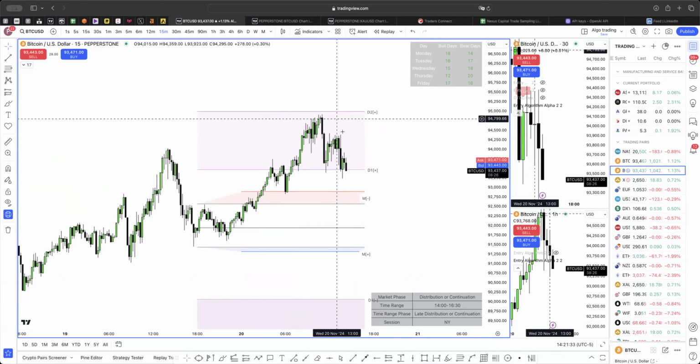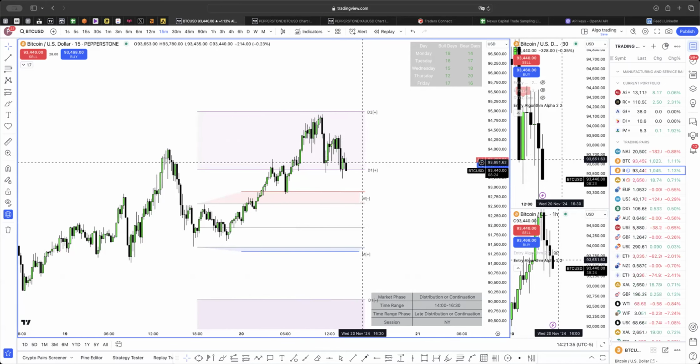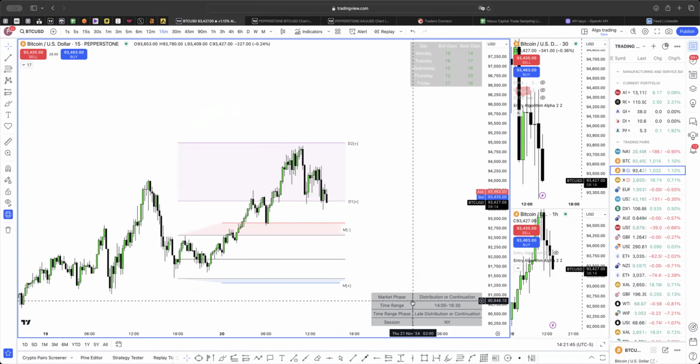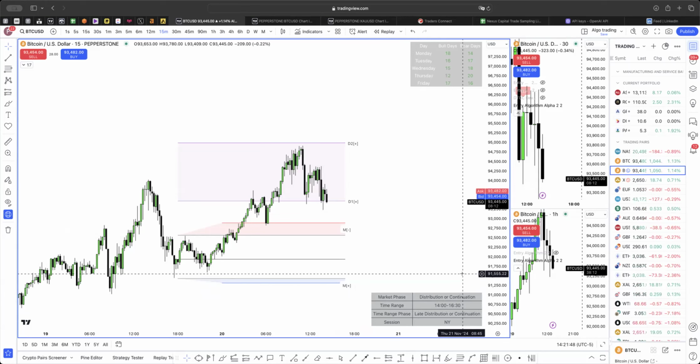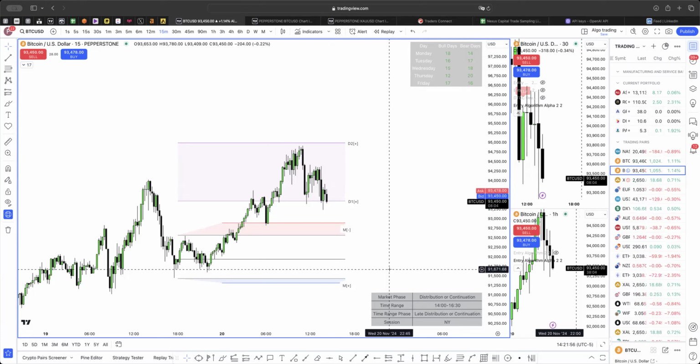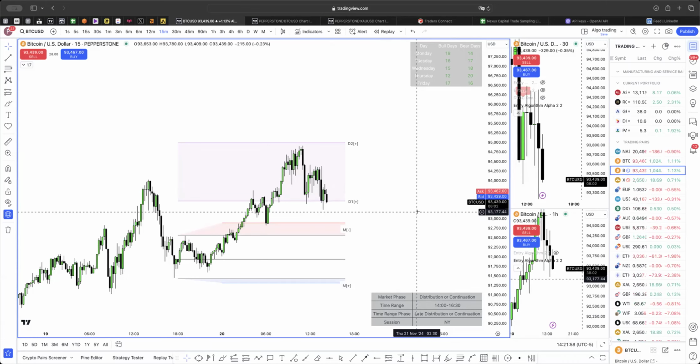So the ranges can essentially be used as a way of determining reversals, and also the manipulation. Now, on the bottom right corner, you can see that we have the market phase distribution continuation, or you also have the sub intervals of time, which gives you late distribution or continuation, right? So everything is programmed, everything is done nicely.